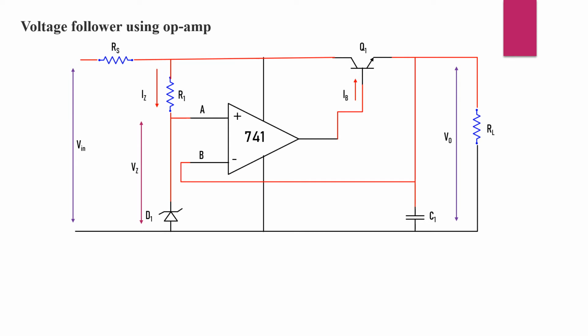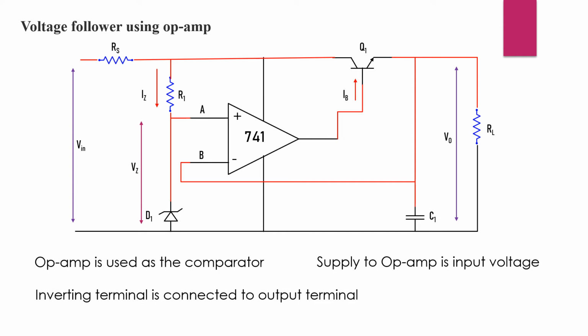In this case, the op-amp is used as a comparator, that is a 741 op-amp, and the supply to the op-amp, plus VCC and minus VEE, is provided from the input voltage supply itself, that is Vin. The inverting terminal is connected to the output part, which is the output sample.